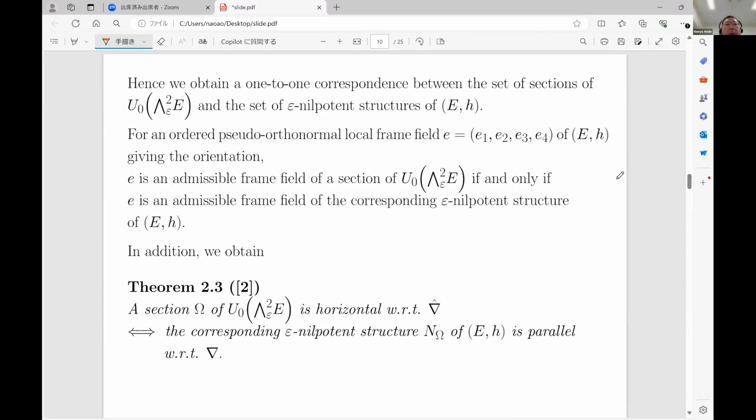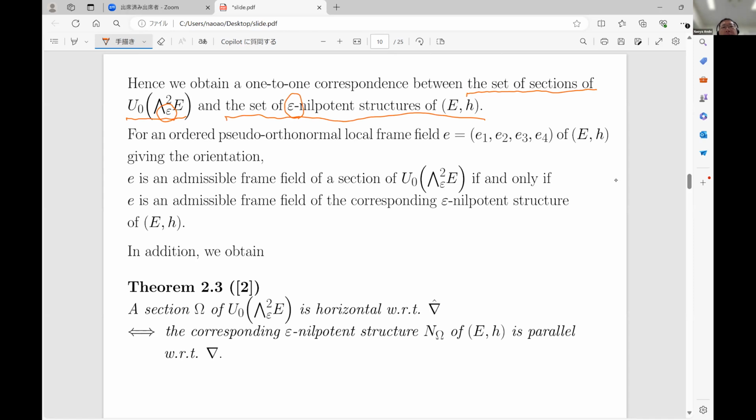Hence, we obtain a one-to-one correspondence between the set of sections of the right-like twistor space with epsilon and the set of epsilon nilpotent structures of EH.